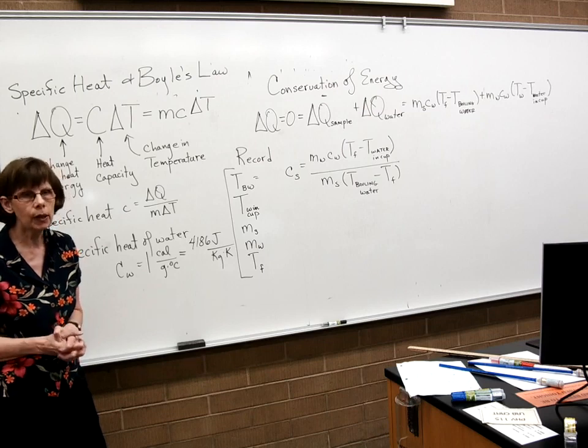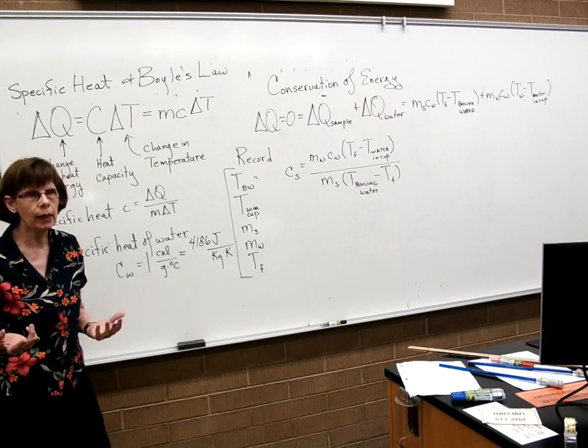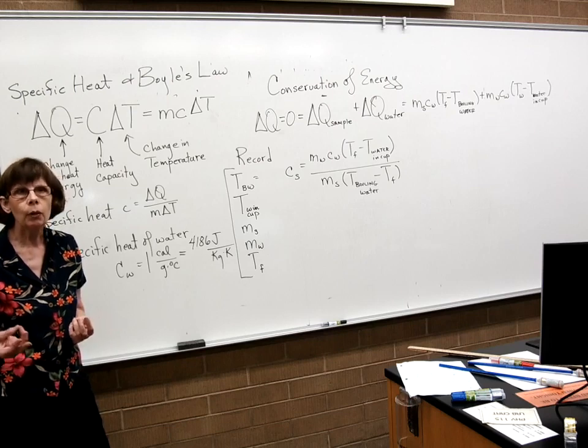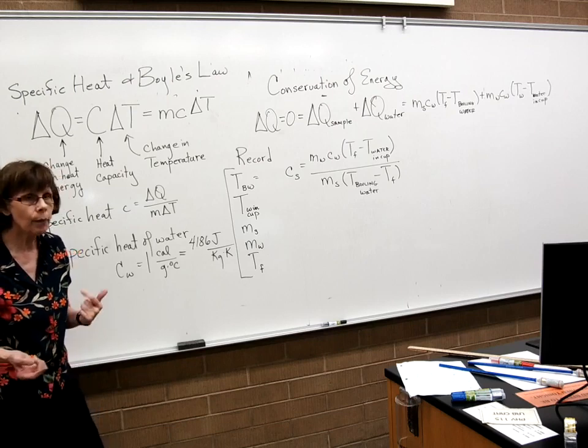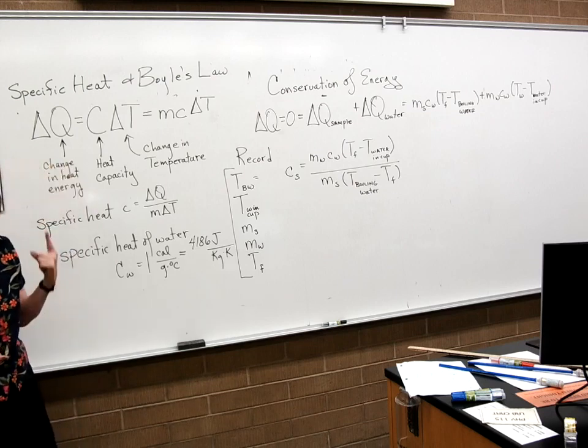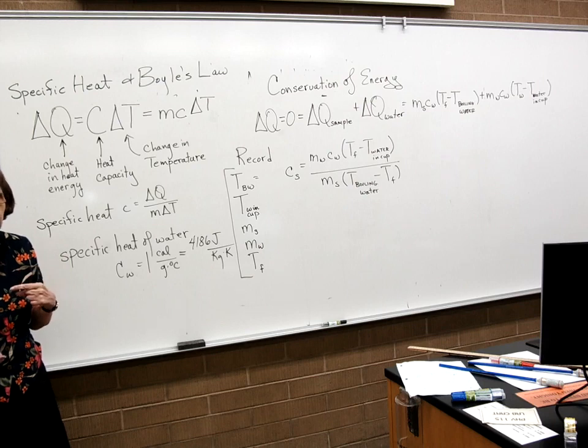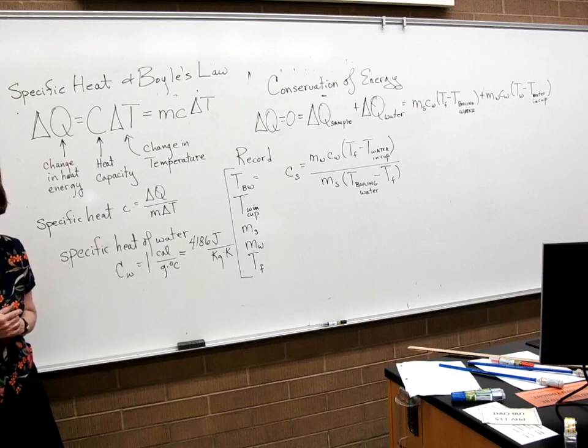For instance, aluminum has a specific heat of 0.215 calories per gram per degree Celsius. So that means to heat up 1 gram of water would take 5 times more heat energy than it would to heat up 1 gram of aluminum, the same amount.